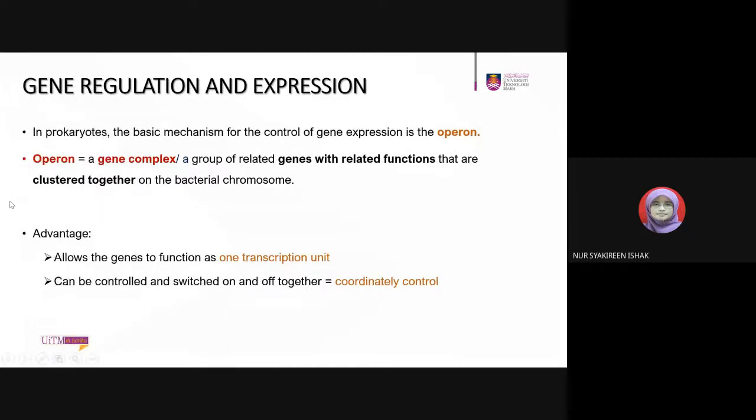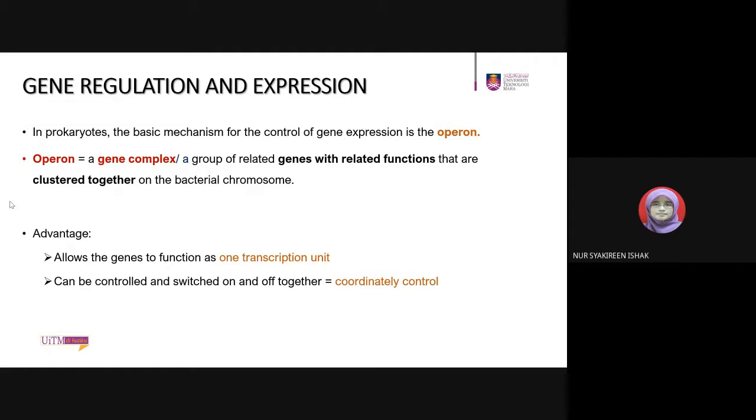So in prokaryotes, the basic mechanism for the control of gene expression is the operon. What is an operon? An operon is a gene complex, or a group of related genes with related functions that are clustered together on the bacterial chromosome. The advantage is that it allows the genes to function as one transcription unit, and be controlled and switched on and off together, coordinately controlled.